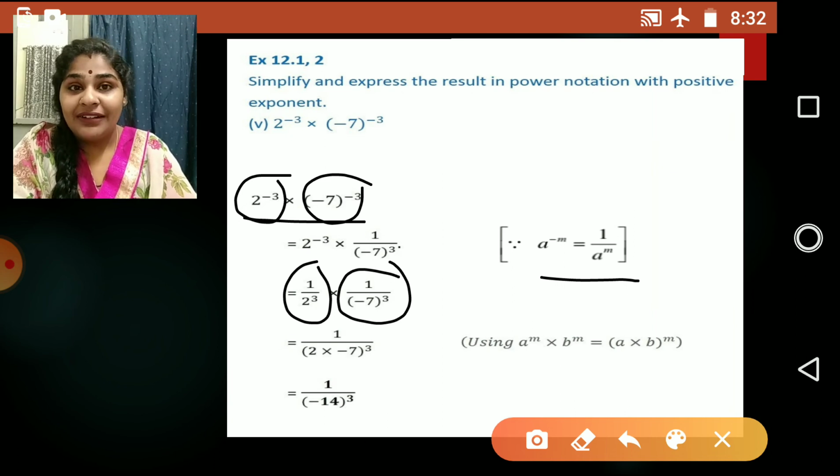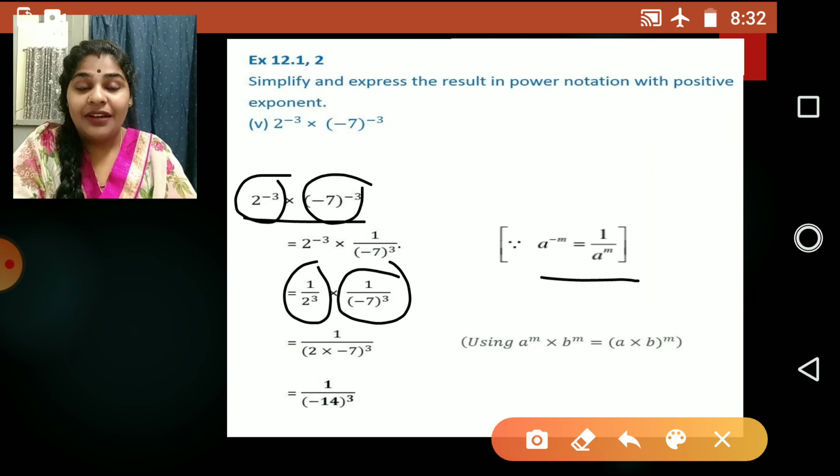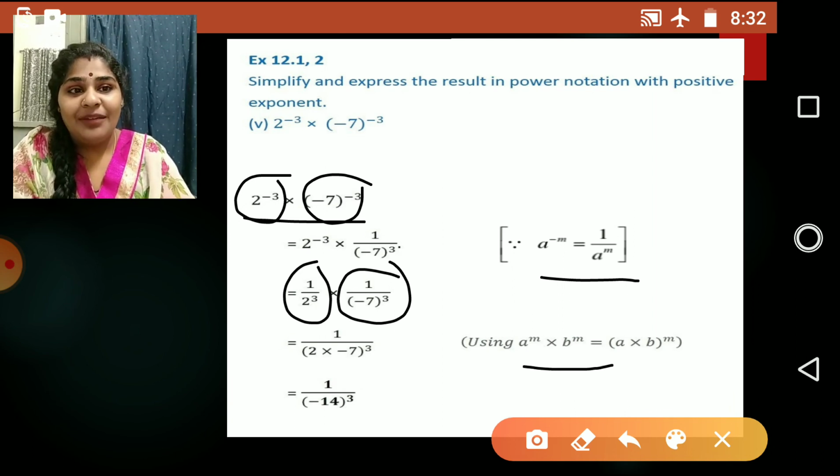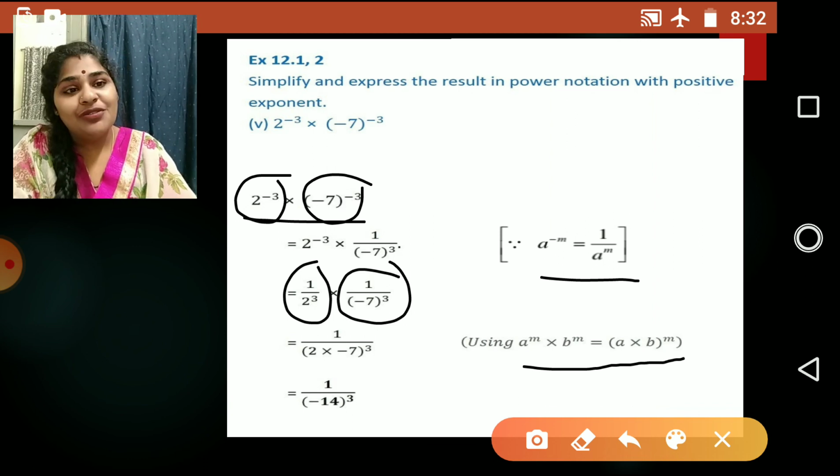The exponents they have made positive first, right? Now it is 1 upon 2 multiplied by negative 7 whole raised to 3. Now they have used a raised to m into b raised to m is equal to a into b whole raised to m.